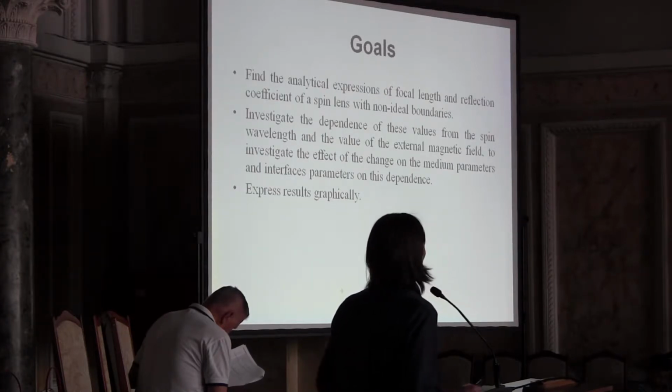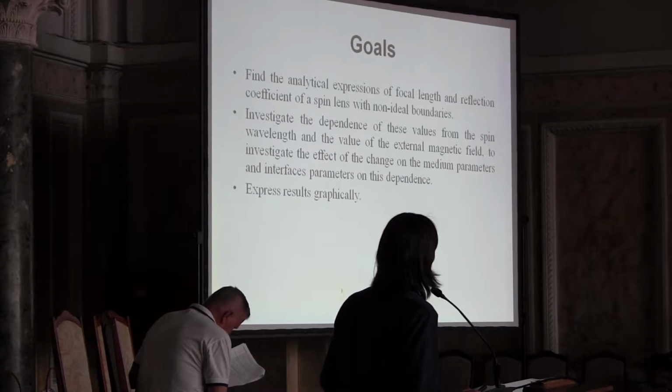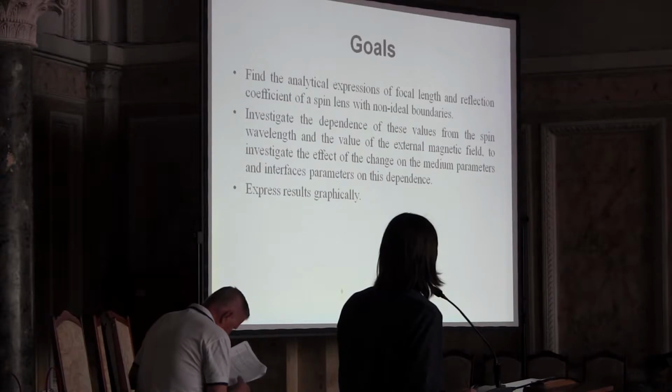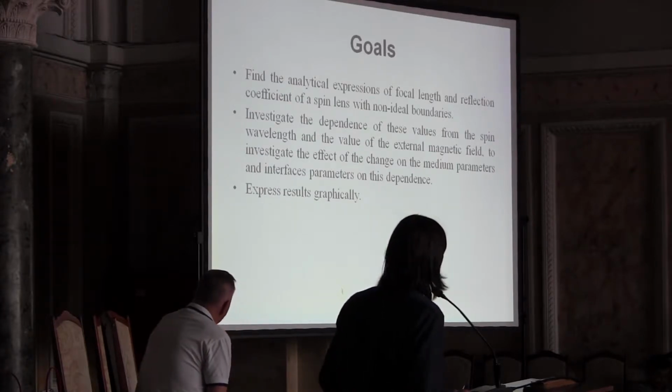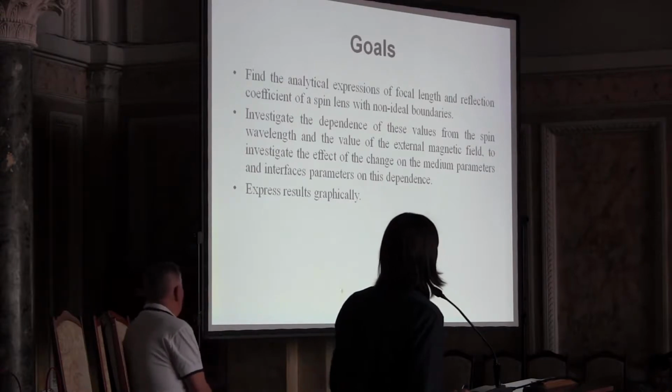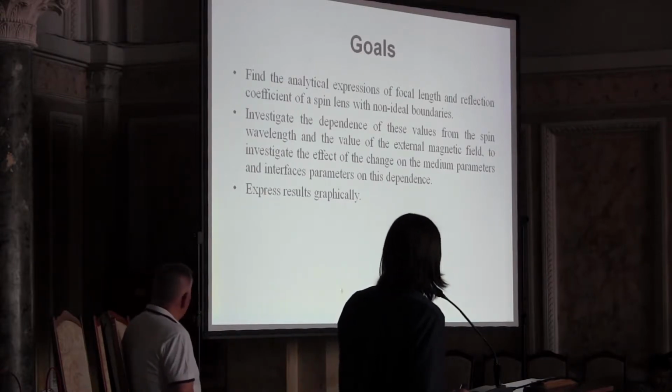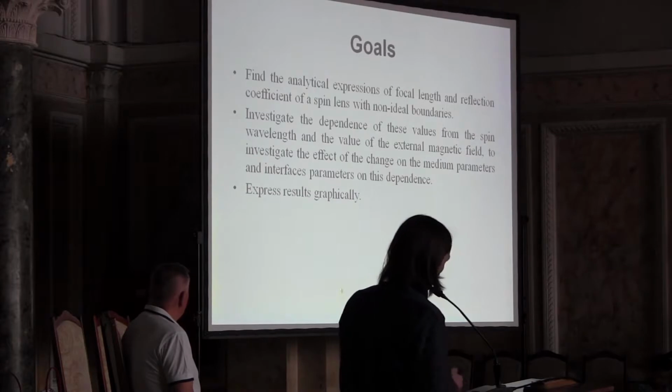And also to investigate how changes of parameters of the interface and of the mediums will change these values, such as reflection coefficient and focal length, and also express results graphically.